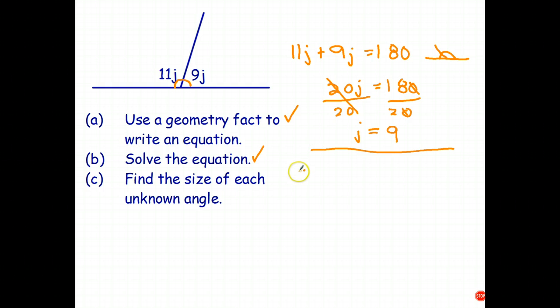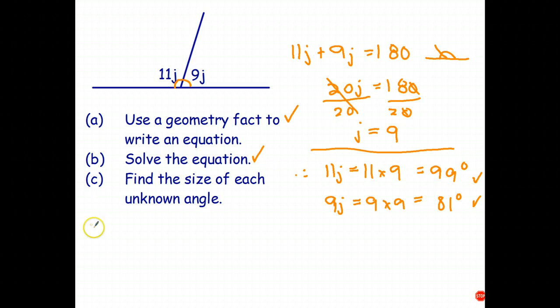So we can say, therefore, 11 times j is 11 times 9, which is 99 degrees, and 9j equals 9 times 9, or 81 degrees. So there's our two answers.